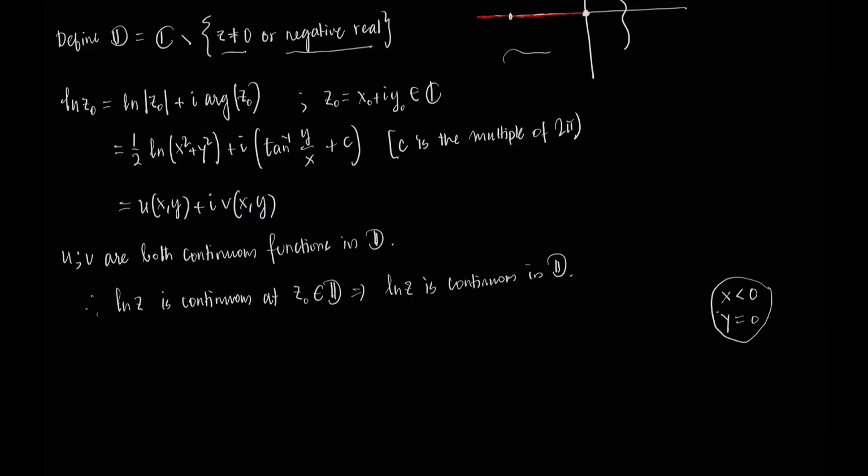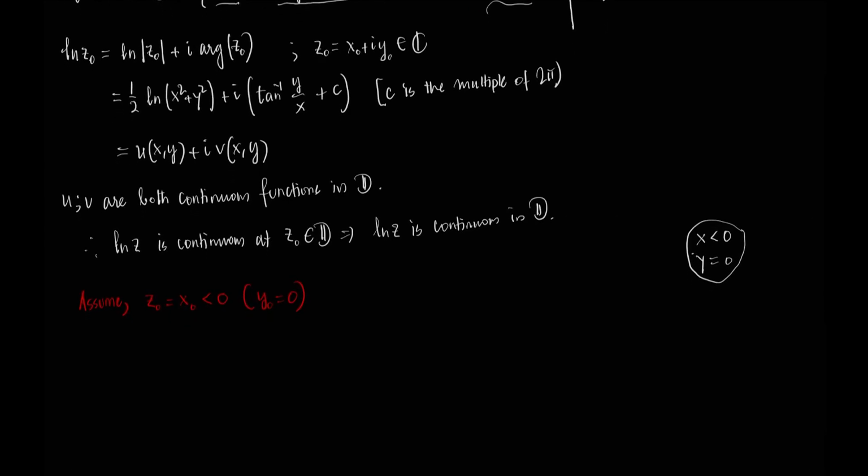Assume that z naught is equal to x naught, which is less than or equal to 0. So I am assuming y naught to be 0 and x naught negative, somewhere here. In that case, what happens? Let's look at it.